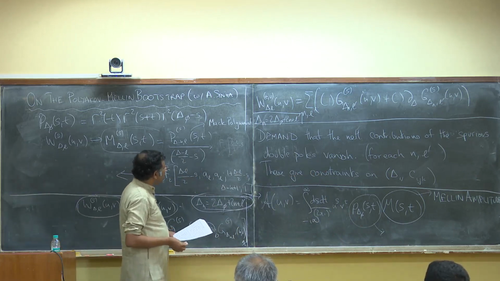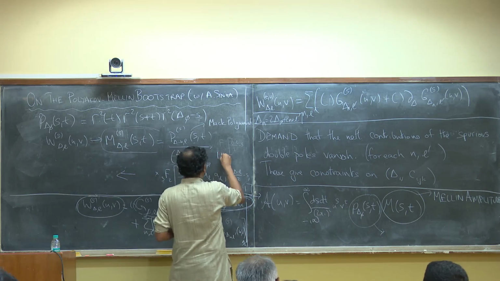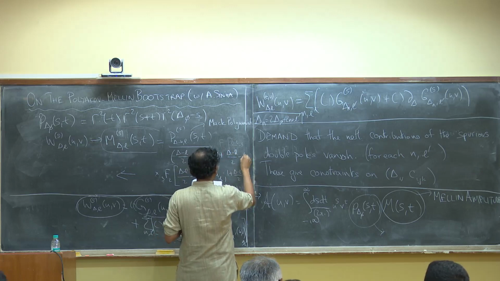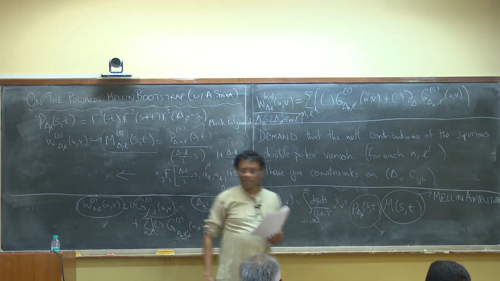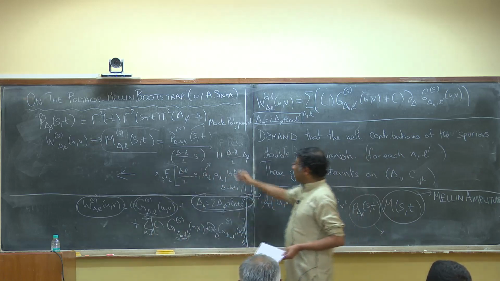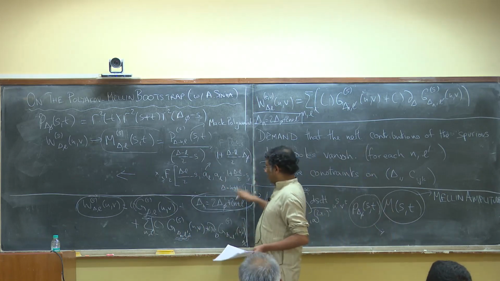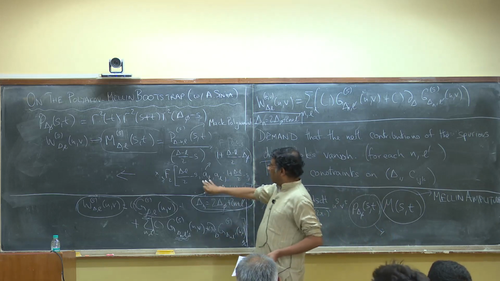A_L is just 1 plus delta minus L by 2 minus delta phi, just some fixed number. It depends on the dimensions. So the S dependence is actually here and here, the non-trivial S dependence.